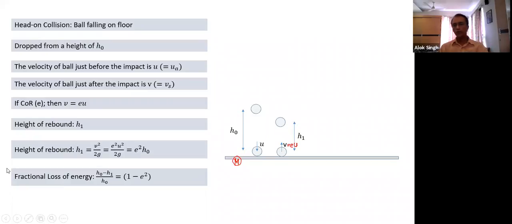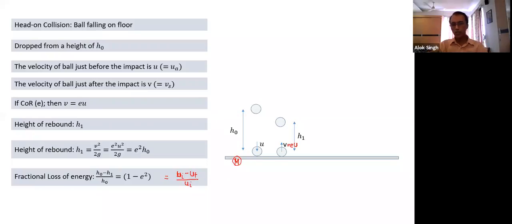Suppose we have to calculate the loss of energy. The ball has not come back to the same height, which means it has lost energy. What is the fractional loss of energy? How do we calculate it? The final energy is less than the initial energy. When we calculate loss, it is initial energy minus final energy, and we divide by the initial energy.